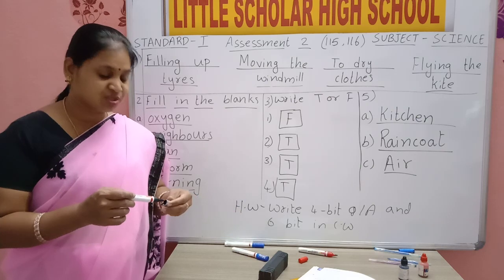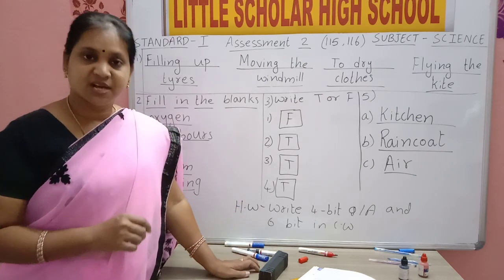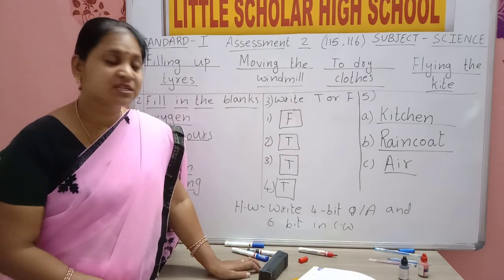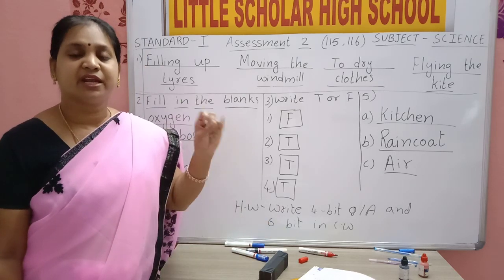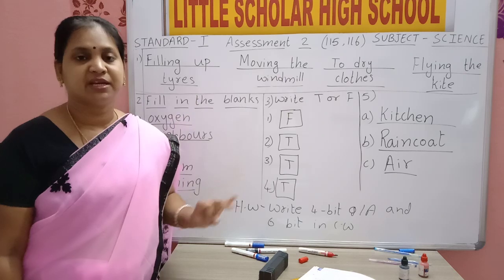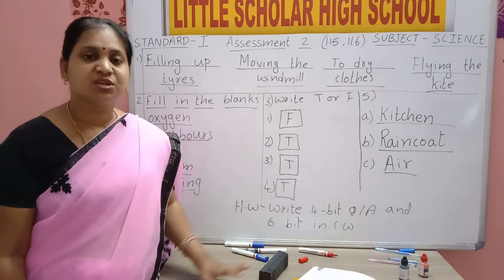Okay, understood what is your homework? What will you draw and color? Raincoat, umbrella you will draw and color. These two things you are going to do in your classwork.